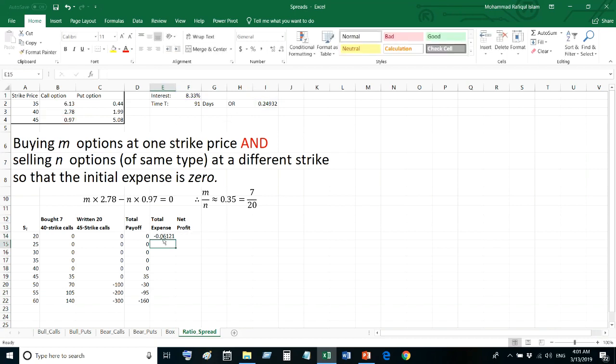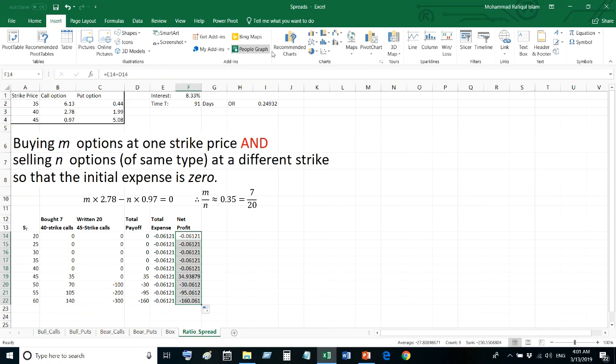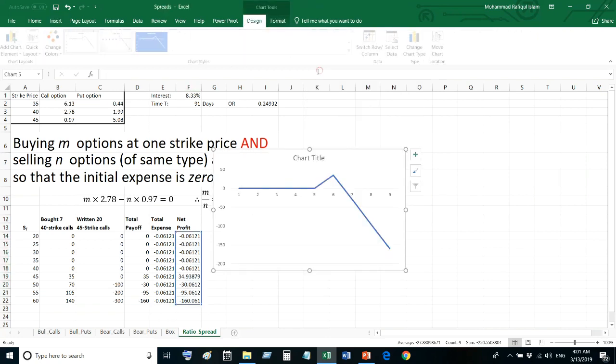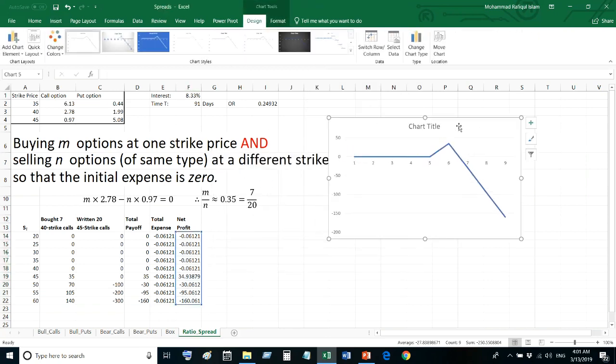So that's the expense. Therefore the net profit. If we want to graph this, that's the profit curve for the ratio spread.